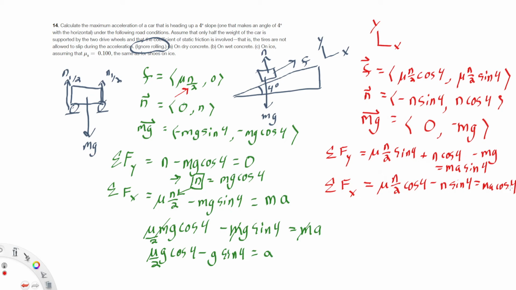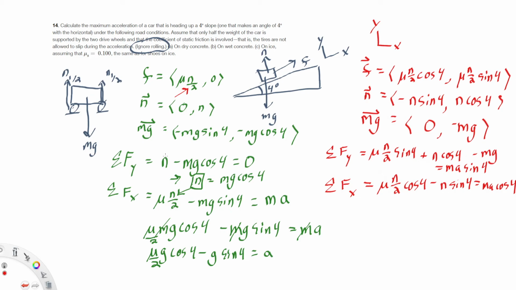So we get 2 sets of equations here. They're not very convenient. In the green perspective, when we looked at the y direction, we actually had an equation of only one variable. There was only normal force that we did not know, so we were able to solve for it.